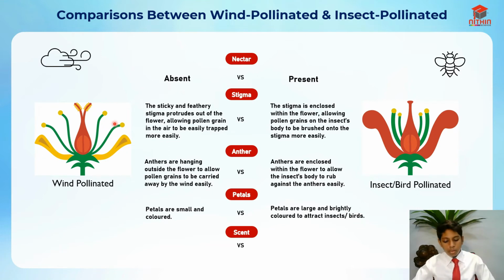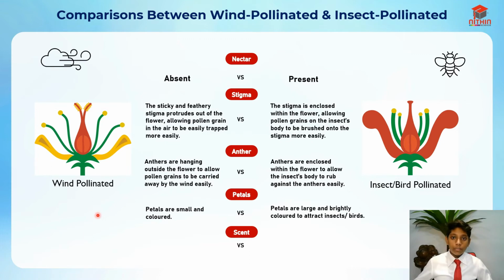So you can see wind pollinated flower just needs wind to pollinate and fertilize flowers. But for insect or bird pollinated flowers, this flower needs to attract the birds and insects to come to it in order to rub against the anthers to pollinate another stigma, okay?